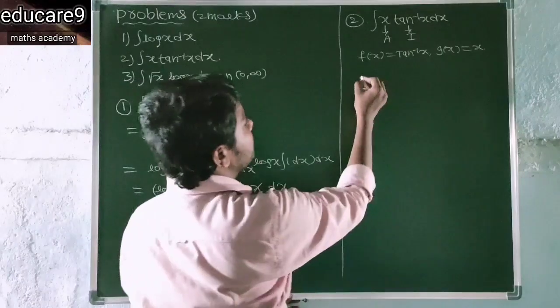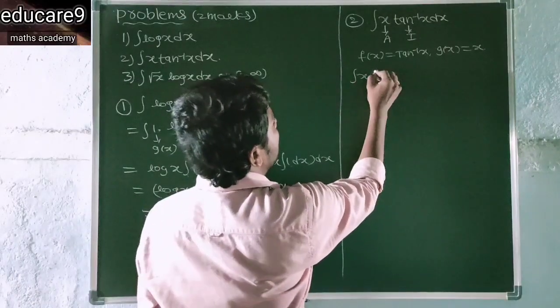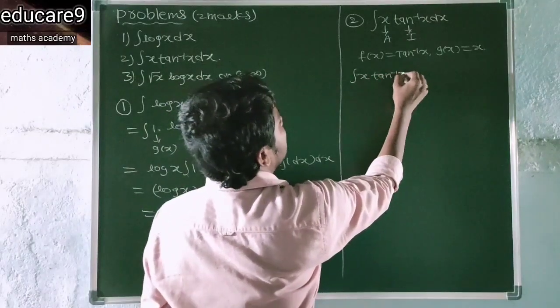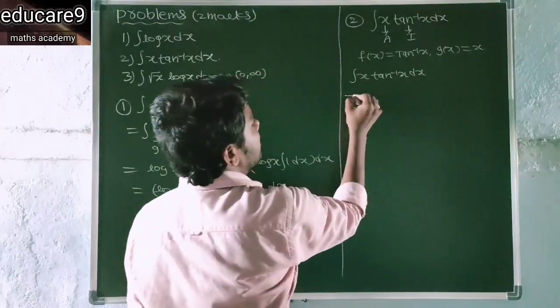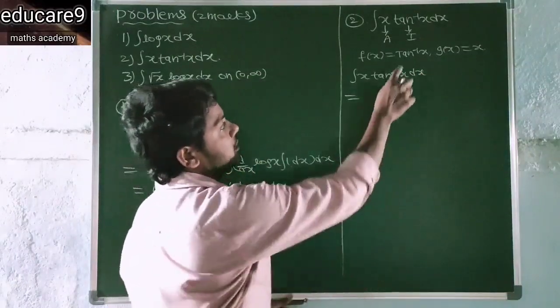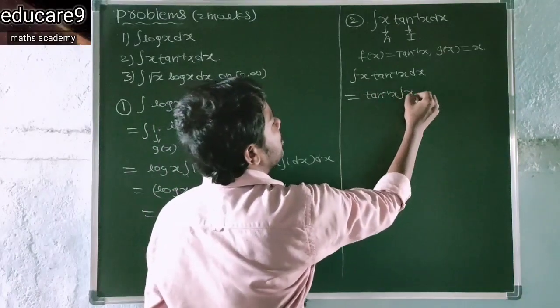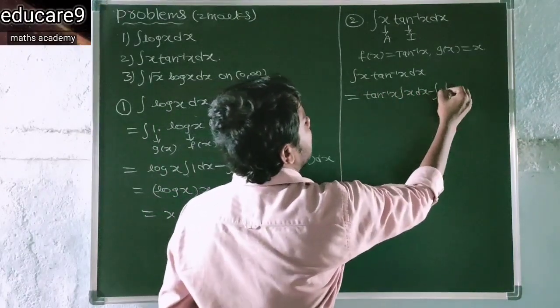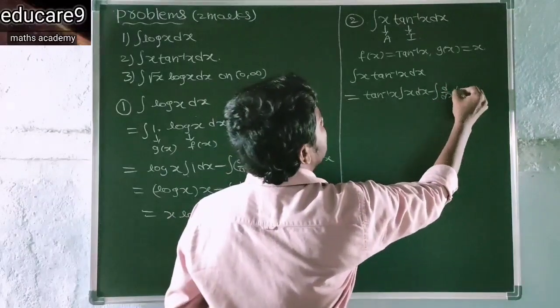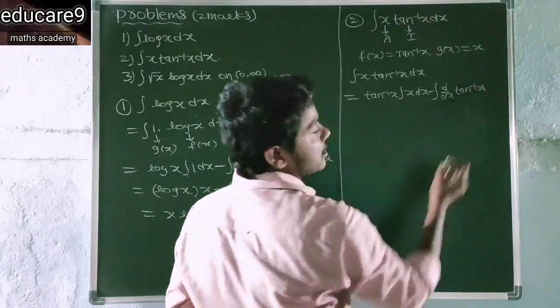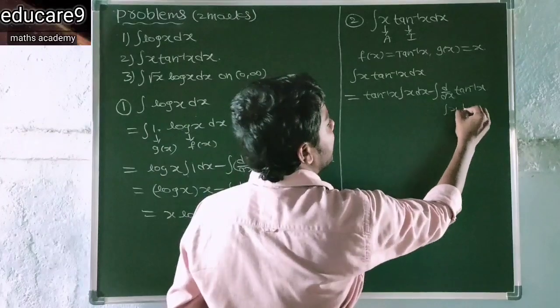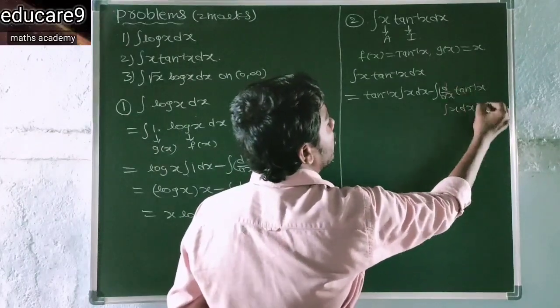So apply the by parts formula, that is integration of x tan inverse x dx is what? First function, that is tan inverse x, so tan inverse x into integration of x dx, minus derivative of tan inverse x into integration of x dx, whole dx.